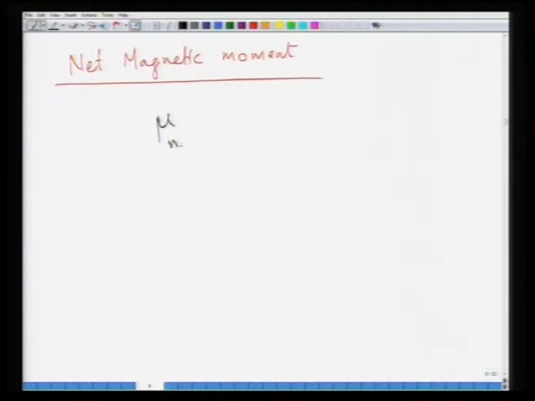And then, having known these two, the net magnetic moment mu net becomes mu orbit plus mu spin.